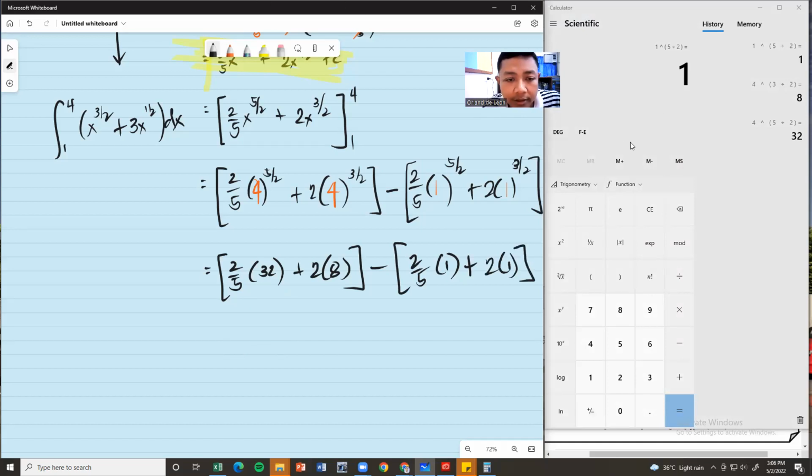Let's solve this further. So we have 32 times 2 divided by 5, the answer will be 12.8. Kaya diretso na natin sa calculator. Plus 2 times 8, the answer will be 28.8 on this side.